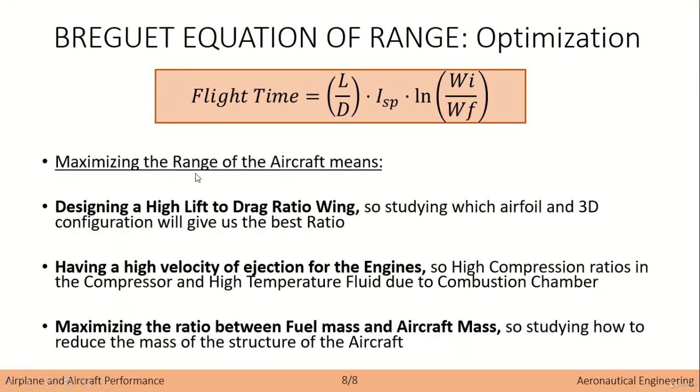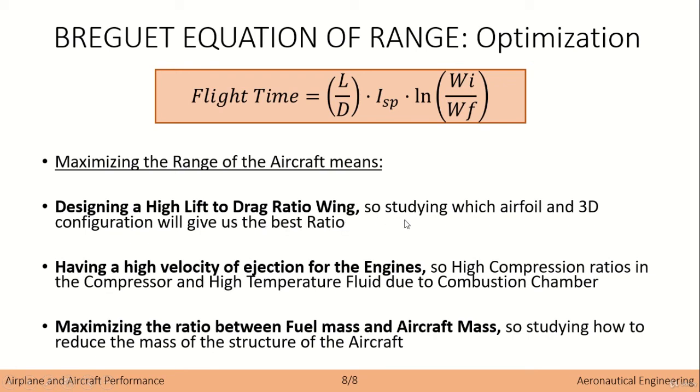Okay, so as a summary of what we saw, in order to optimize the range, what we have to do is optimize the flight time, which means maximizing the lift to drag ratio, maximizing the specific impulse, and maximizing this factor over here. Basically, we have to design a high lift to drag ratio wing.